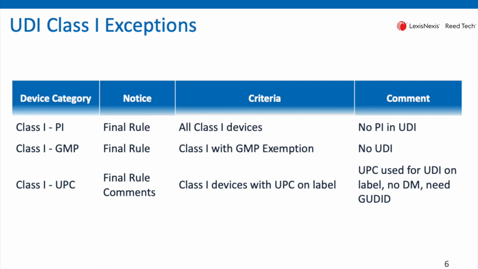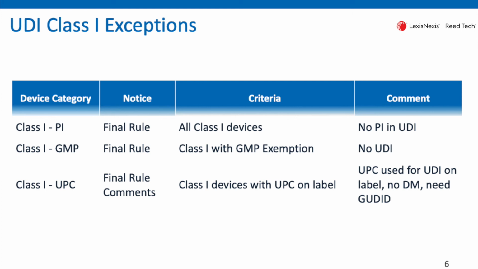Almost all Class 1s have the 510K exception, but a few, roughly 15–20% sort of thing, have a good manufacturing exemption. If you find that is true, you have no UDI requirements. The other very broad exception is that all Class 1 devices only need to have the device identifier portion. So the production identifier is not required to be in the UDI.